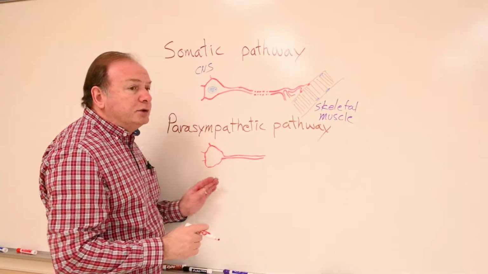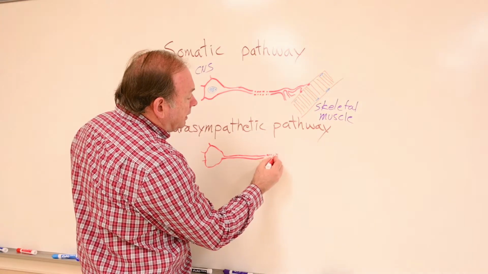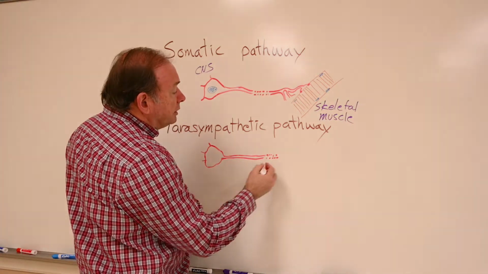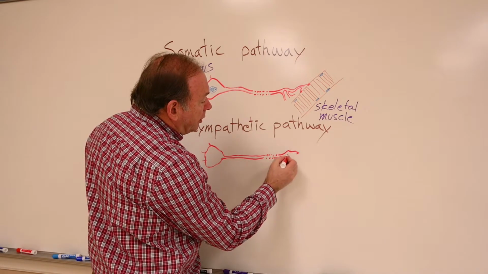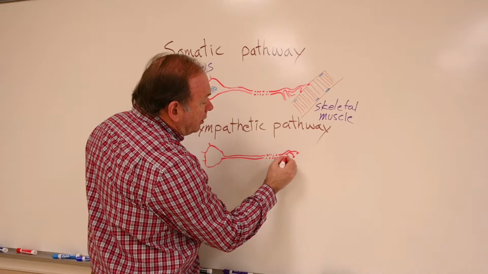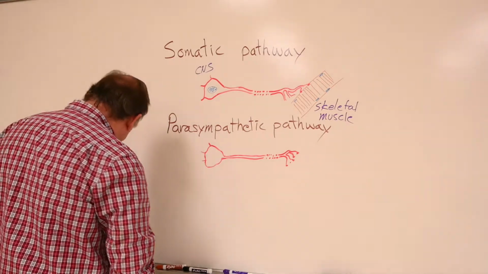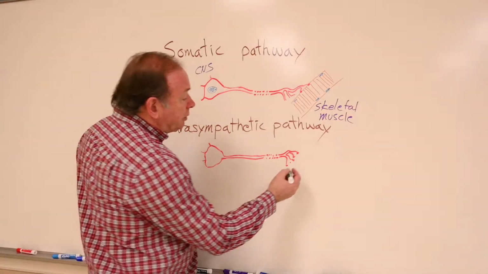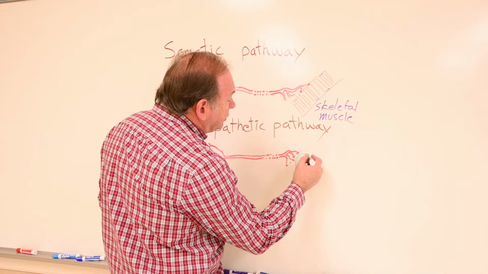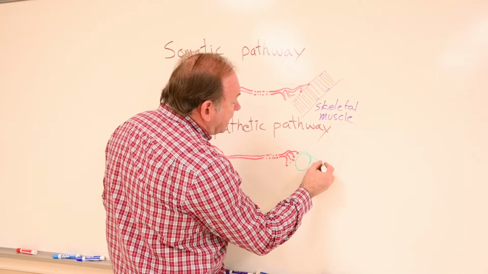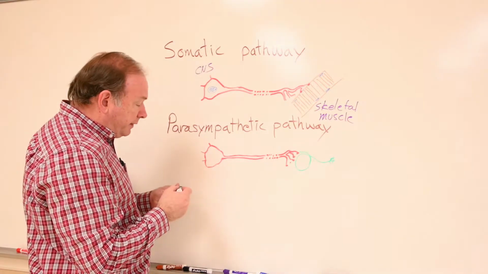It extends out a long distance from the central nervous system, usually, and this just indicates that it goes and goes and goes, and eventually will stop and synapse with another nerve cell type. So we're going to synapse with what's called a ganglion cell here, and that ganglion cell is going to send a fiber on out a short distance to its effector out there.